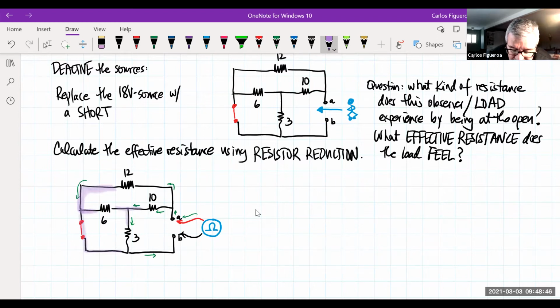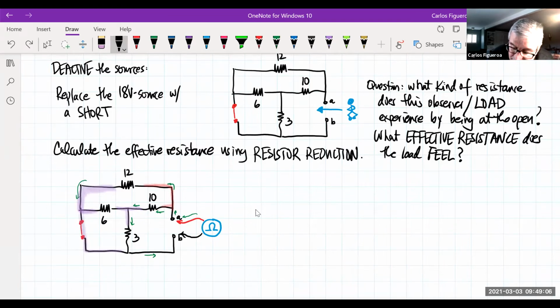The 6 and the 3 are in parallel. If you draw in this other node, you could see that the 10 is in series with the 6 and the 3, and then it's all parallel to the 12.